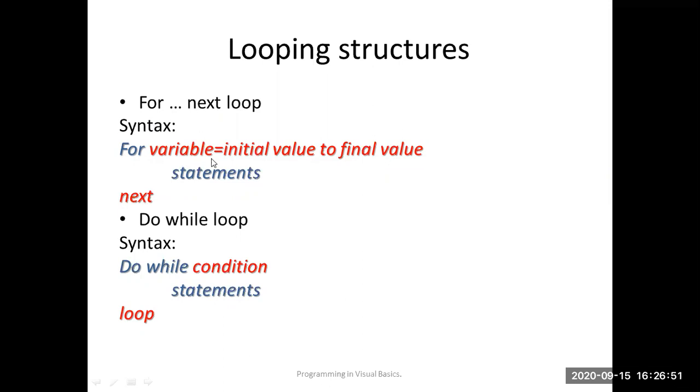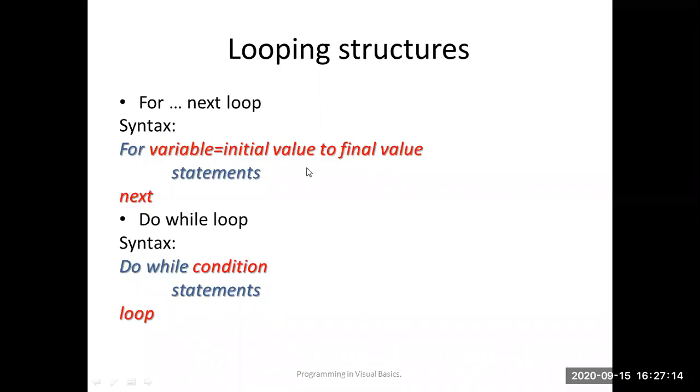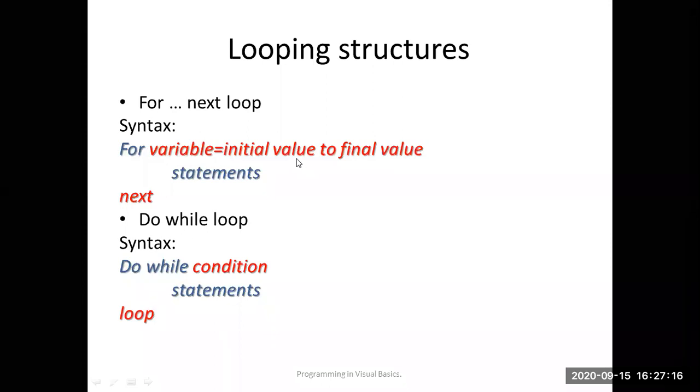That means how many times it will repeat, we give the initial value to the final value. Suppose you want to repeat the statements 10 times, you give 1 to 10, and it will repeat 10 times. I will show you one small program on how we use the for next loop and repeat the statement 10 times.